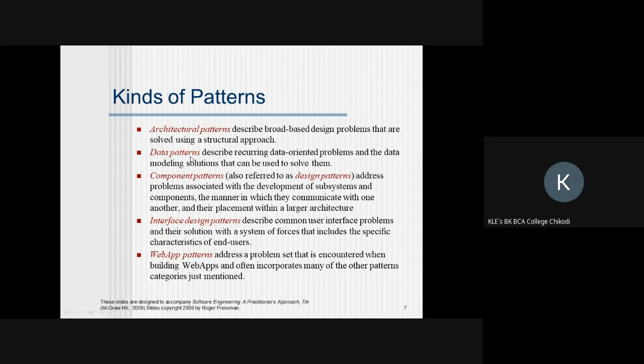Here, we need to make use of appropriate data structures. Component patterns address the problems associated with the development of subsystems and components, the manner in which they communicate with one another, and their placement within a large architecture.